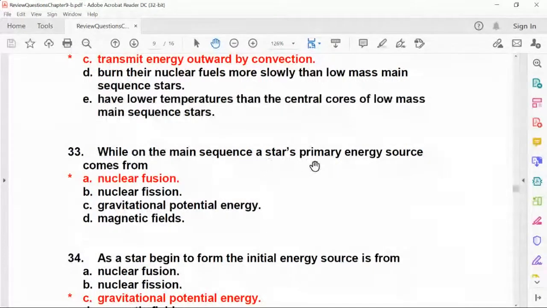While in the main sequence, a star's primary energy source comes from nuclear fusion. And I don't want you to confuse that with fission. Okay, we're doing fusion inside stars. And I told you that basically this is the future of nuclear energy. They're building fusion reactors now. The biggest one is in France.